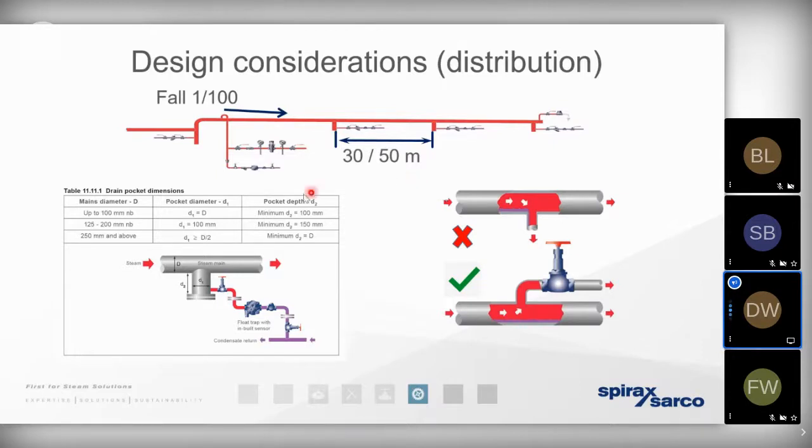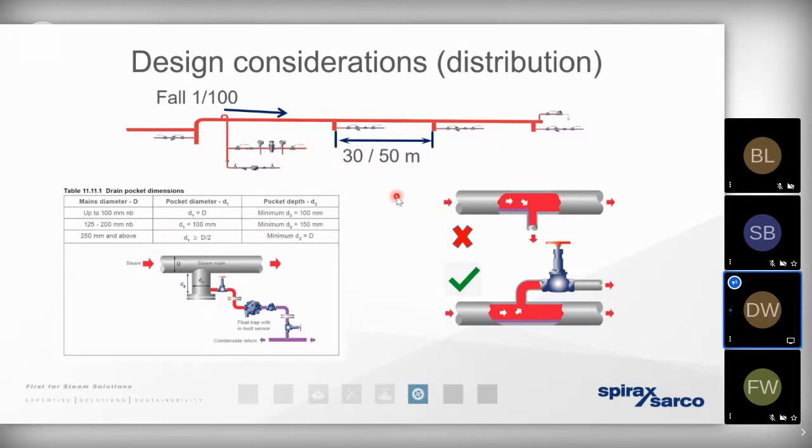And there's a correct methodology for designing a steam trapping station and a dirt pocket, as you can see down here in the bottom corner of the screen. And those steam trapping stations should be located somewhere between every 30 and 50 meters apart in order to ensure that we're keeping the steam dry.